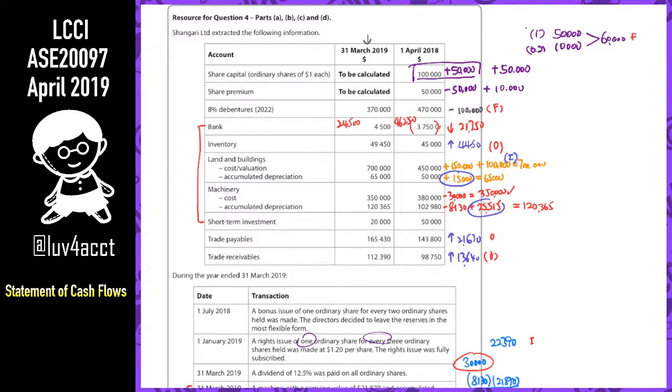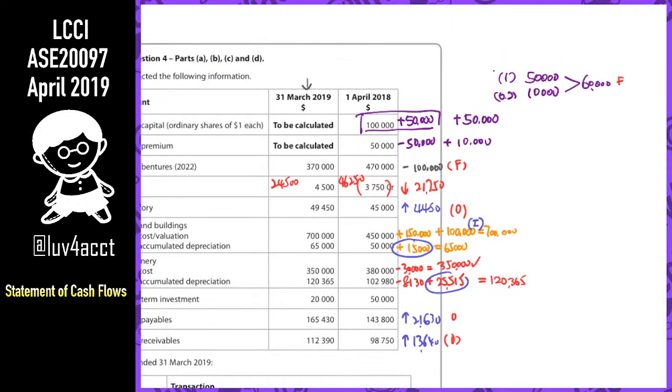Okay, so next one, dividend of 12.5% was paid for all ordinary shares. Okay, again, we have to update, because if we are not updated, then it is easy that we mess up the calculation for dividend. Okay, so now we have 200,000 in total.